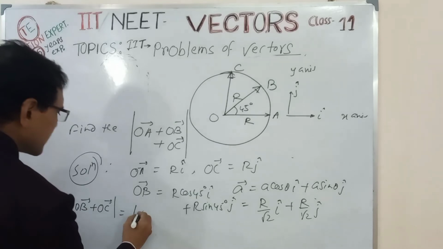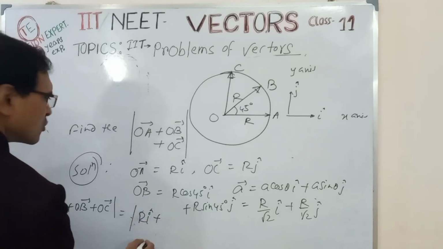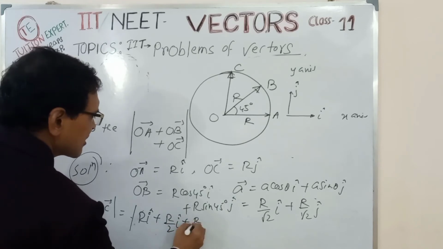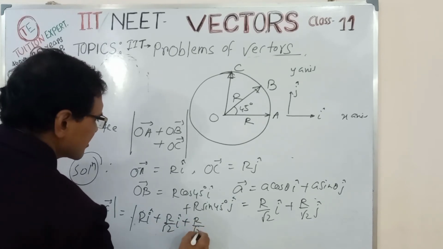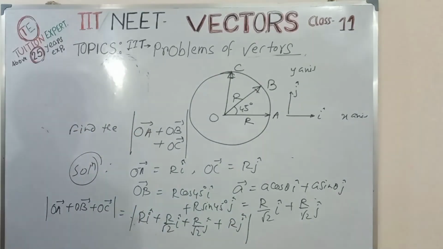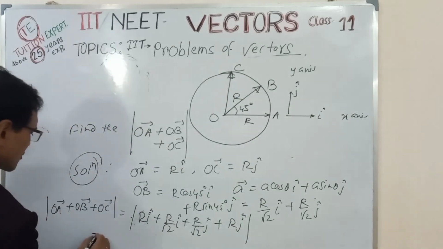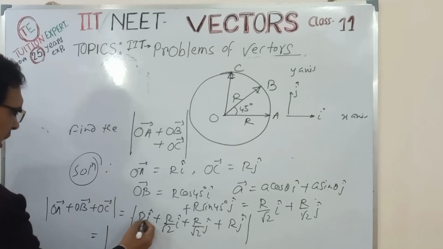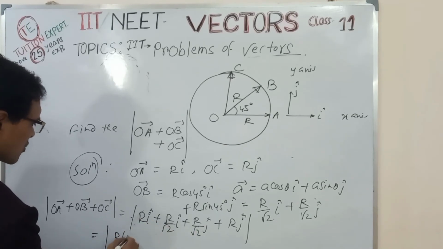Put here RI plus OB. So you can take common I, R plus R by root 2.